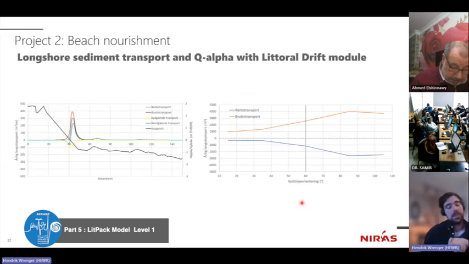But that basically means in this situation, we cannot achieve a stable beach. So a beach nourishment will always only be temporary.